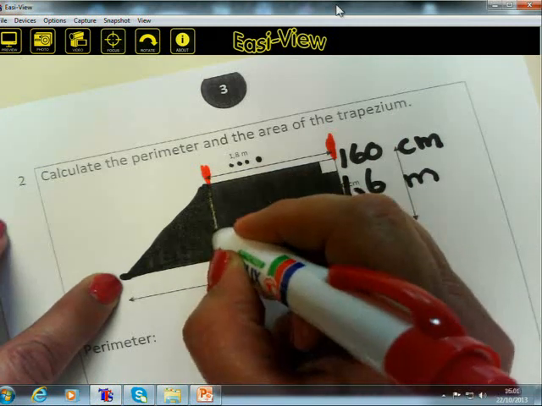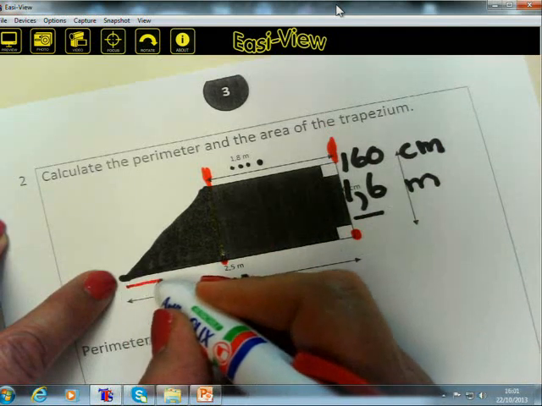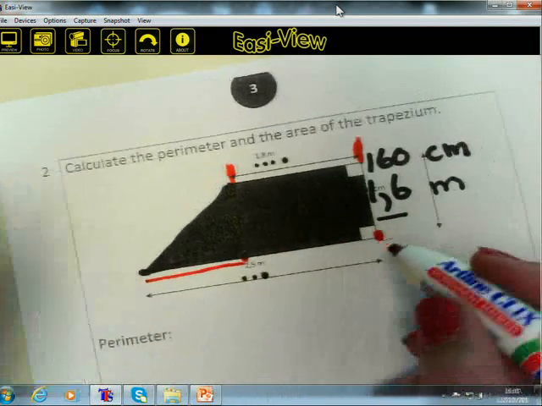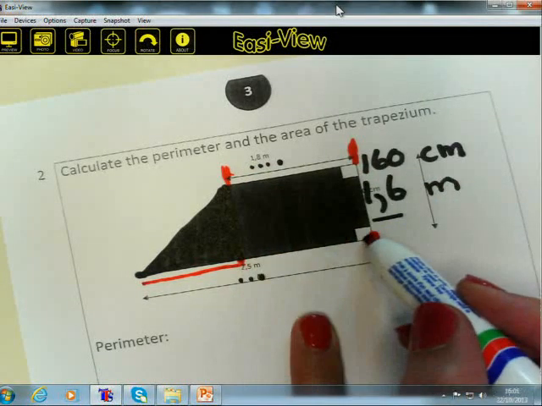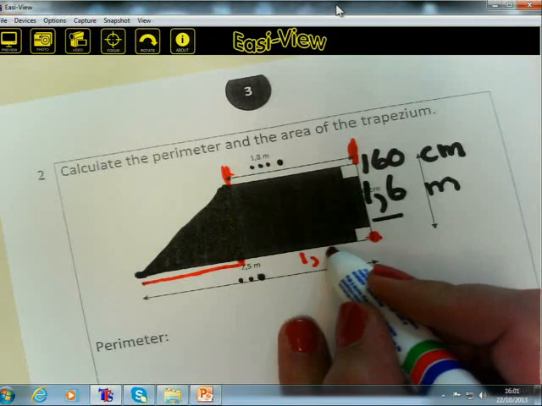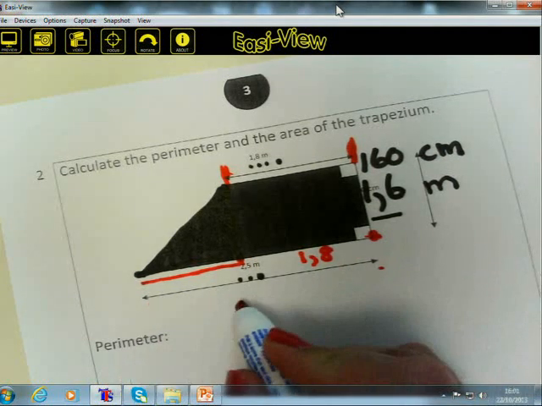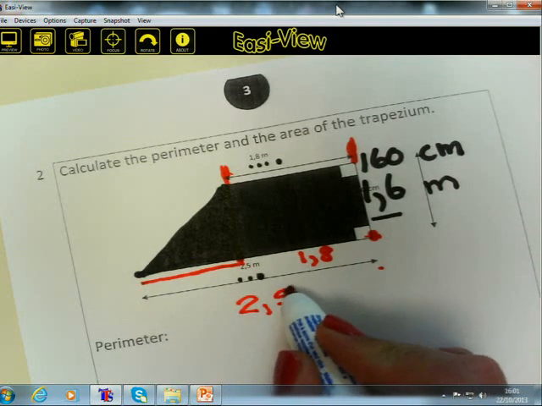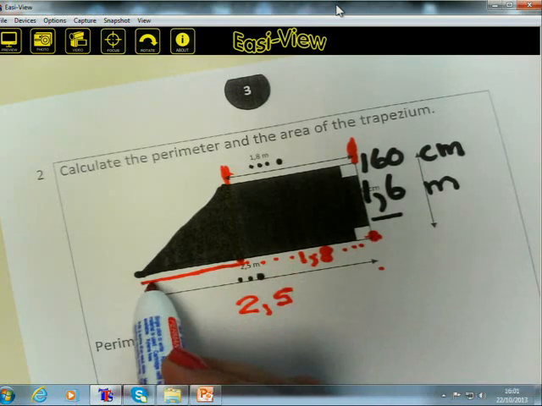So can you see, if I take it down here, what will be the length of that part? This one at the top and this one are both 1,8. Now if the whole line there is 2,5 and that part is 1,8, how will I get the other part?